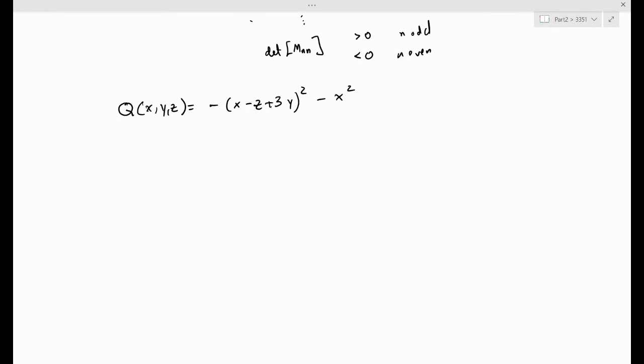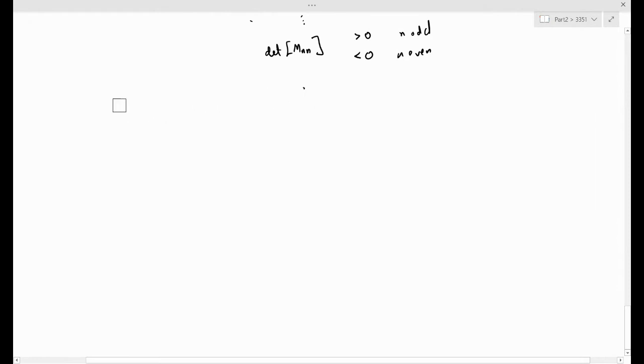Well, I have to be careful there, right? Because it's possible that this is 0 even if the vector itself is not 0. So that's a silly example. Okay. That's a silly example. Okay.